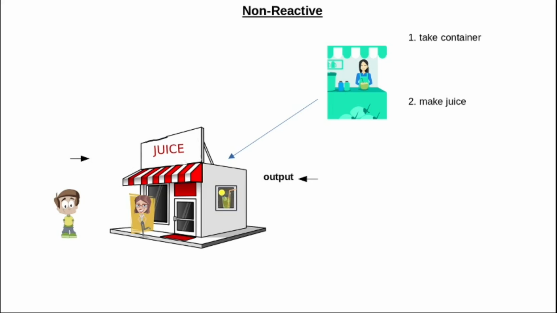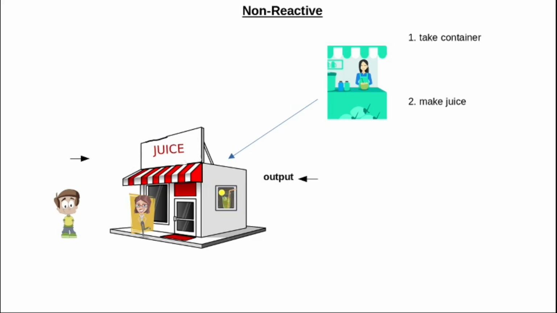What do I mean by that? Let's suppose you go to a shop to purchase clothes. You just order ready-made clothes. You didn't order any customized clothes, so that is an example of non-reactive. Let's take another example. Suppose a boy goes to a juice shop and just orders the juice.